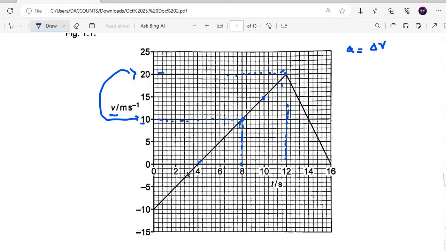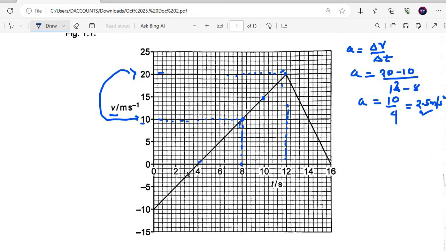Change in velocity over change in time. The change in velocity is 20 minus 10, and the time is 12 minus 8. So acceleration is 10 over 4, which gives 2.5 meters per second squared. If you pick any other point within this region, you're still going to get 2.5.